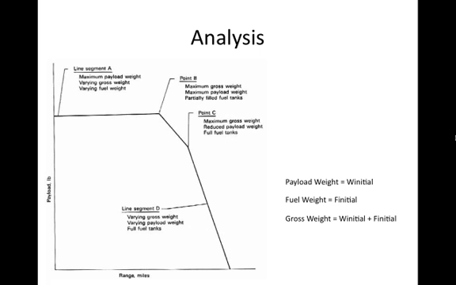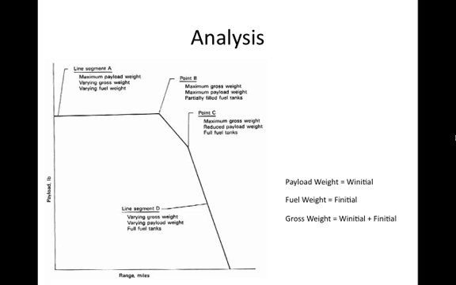What we can do with that range equation is gain insight into the range of the aircraft as affected by the ratio of payload weight to fuel weight. If you look at this graph, the range of the aircraft is on the x-axis and the payload is on the y-axis, and line segment A represents the maximum payload weight of the aircraft, but not necessarily all the weight the aircraft can hold, because we haven't got all our fuel.